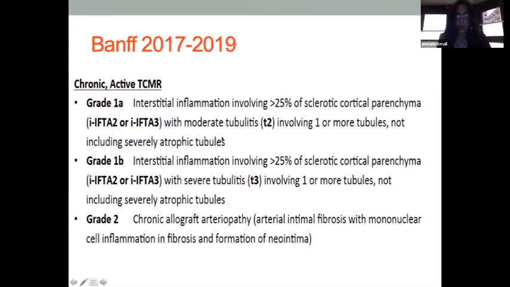Grade 1 follows the same grades as the acute form and is mainly related to the tubulointerstitial form, and we have 1A and 1B according to the severity of inflammation, while grade 2 is related to the changes we see in the blood vessels, what we call chronic allograft arteriopathy. Let me show you.